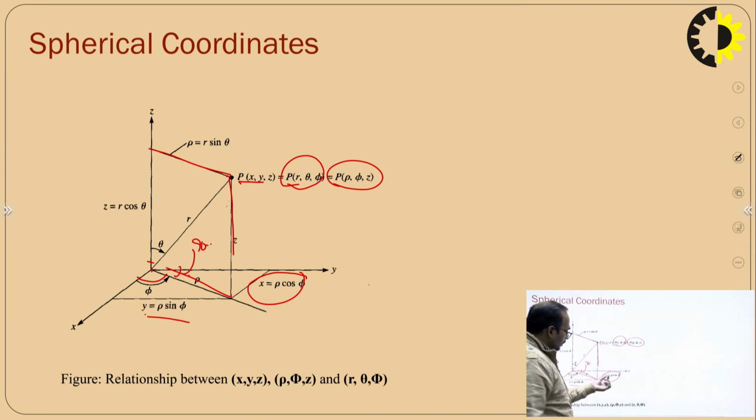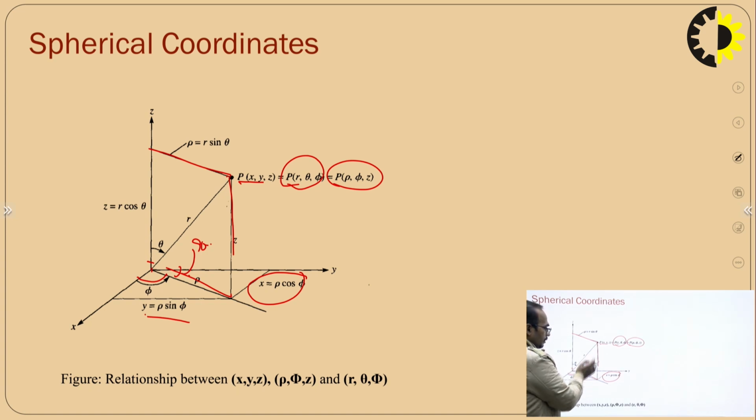So x is equal to rho cos phi, y is equal to rho sin phi, and the radius of this cylinder is rho. By varying this plane, which is lying in the yz plane, from 0 to 2 pi, you are getting the cylinder.